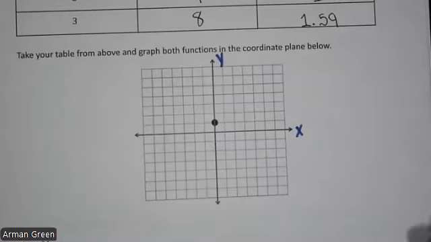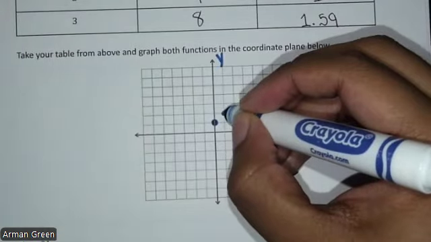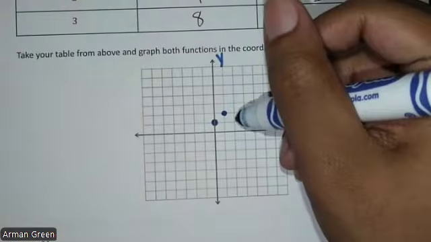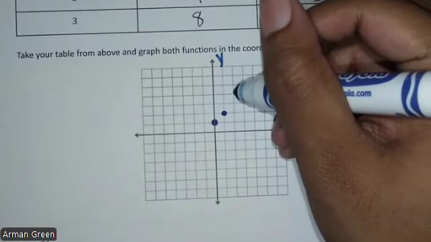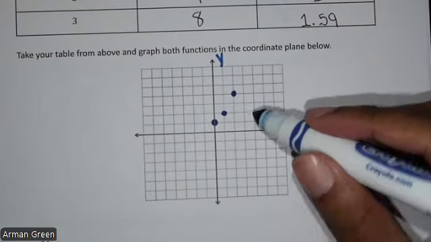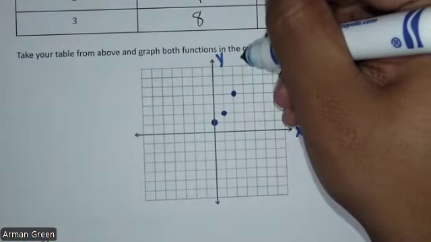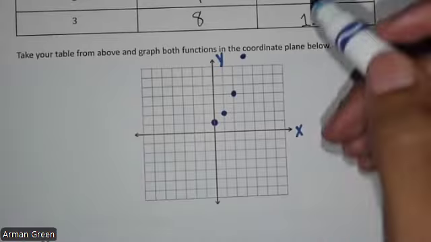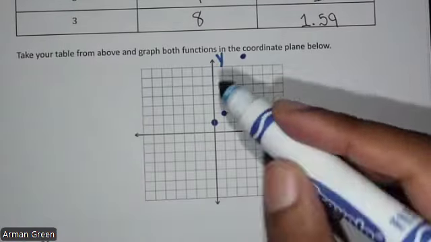We also have when x is 1, our y value is 2. We also know that when our x is equal to 2, our y value is equal to 4. Okay, and then when x is 3, our y value is 8. So that goes a little bit over the grid. That's okay. And then we had these other numbers for the negatives.